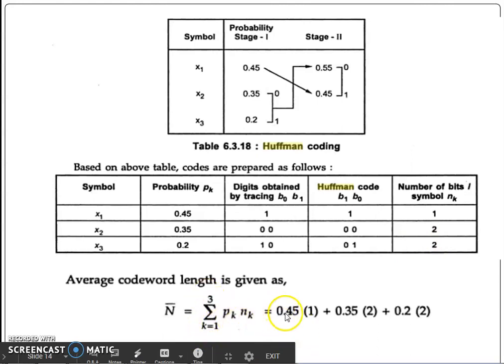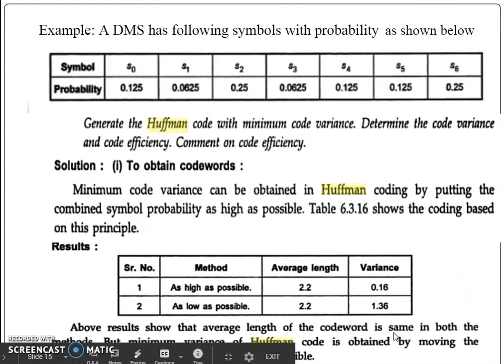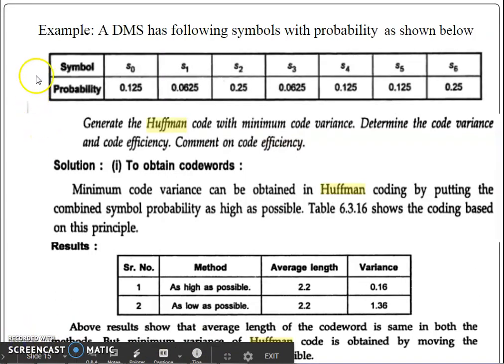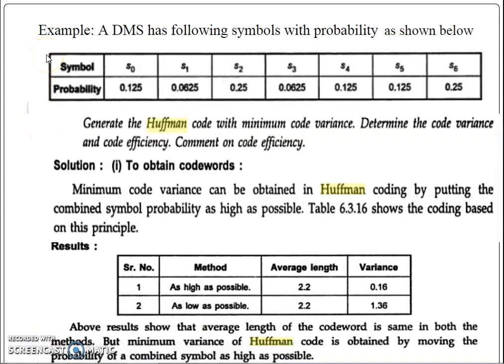This will become pk into nk: p1 is 0.45, n1 is 1, plus p2 into n2. p2 is 0.35, into the number of bits for the second symbol, 2, plus p3 into n3, 0.2 into 2. When you simplify, that simply gives the answer for the Huffman code average code word length, which is 1.55.